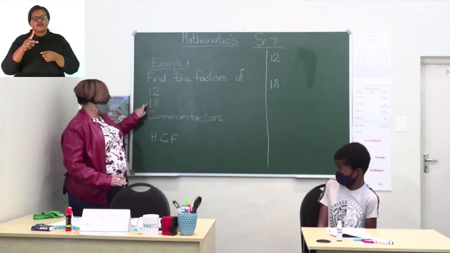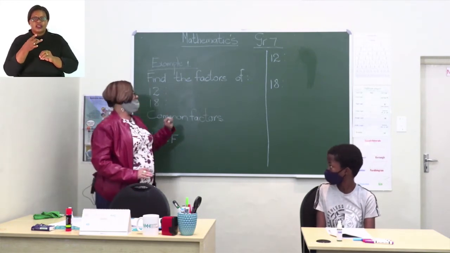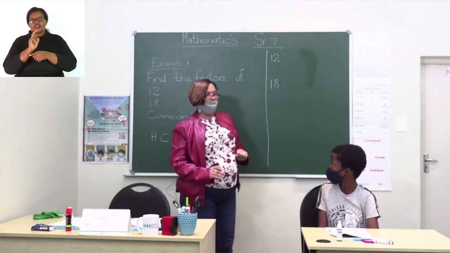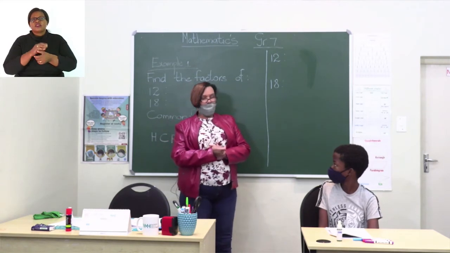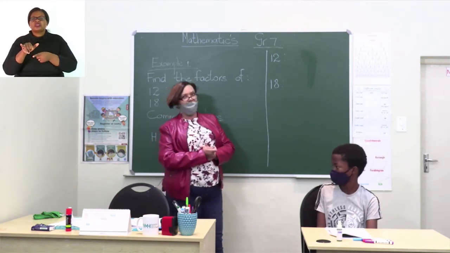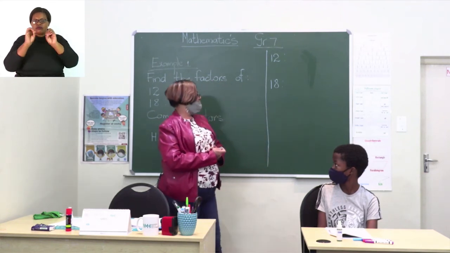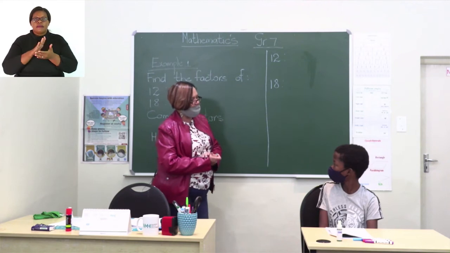My two numbers are 12 and 18. We will write the factors of 12 first. Pomweni, the factors of 12, meaning the numbers that I can divide into 12 without leaving a remainder. Can you assist me? What are the factors of 12?